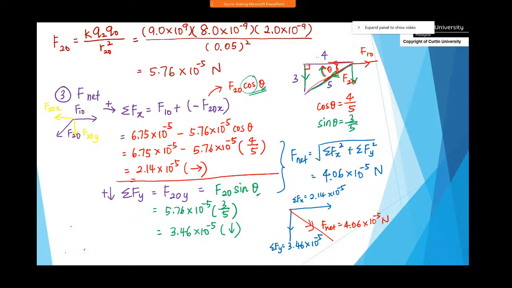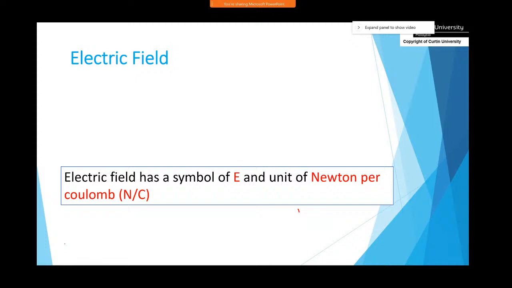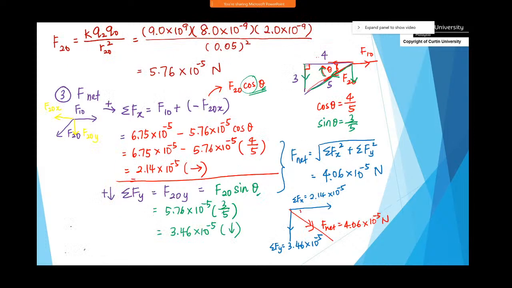Okay, so if you would like to find the angle, you can find it through tangent. So your Fy over Fx. Okay, so basically you just have to know how to find the net force, right?